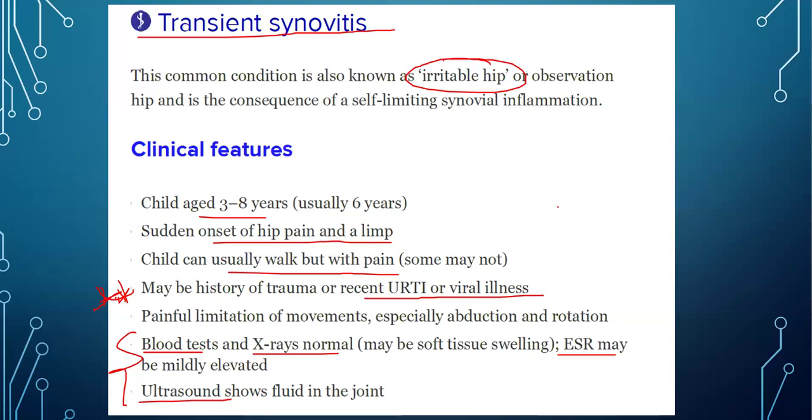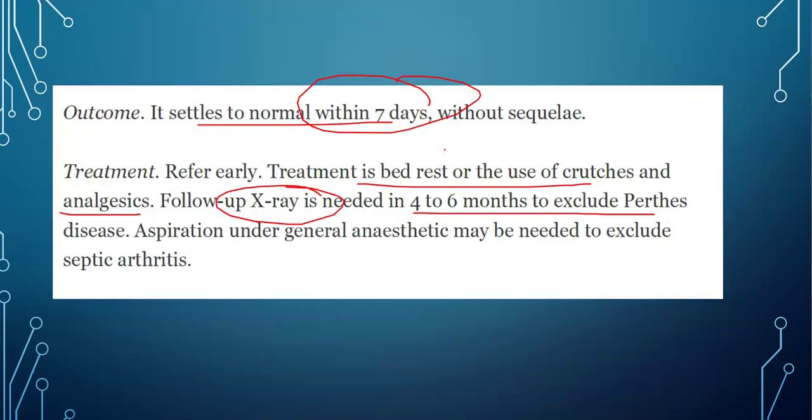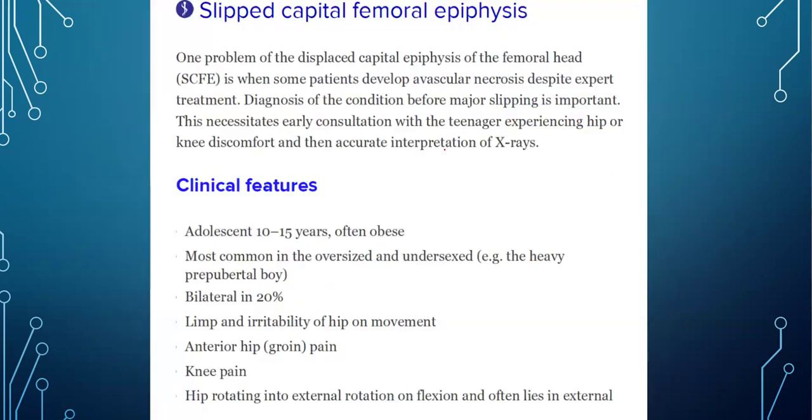A septic arthritis child will be severely unwell, with a lot of pain, and will not be able to even move the joint at all. Then you would think that it could be septic arthritis. Does it make sense for everyone when to consider septic arthritis?